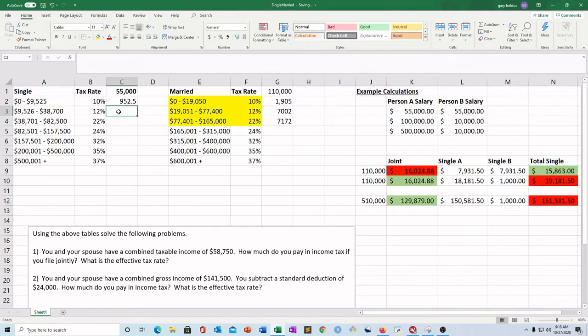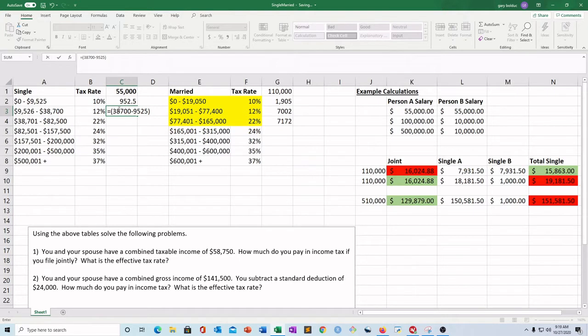Keep going, okay, equals, well, how much money fits in the next bracket? My taxable income is bigger than this, so I definitely fill up the whole box. But how much goes in there? Well, it's $38,700 minus how much have I already been taxed on? I've been taxed on my first $9,525.